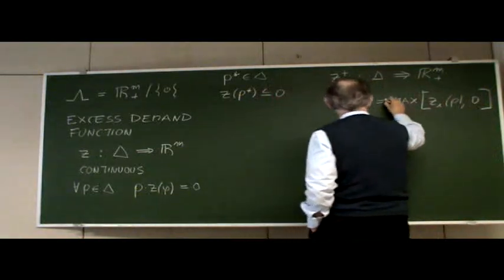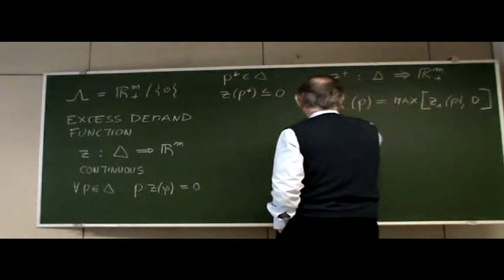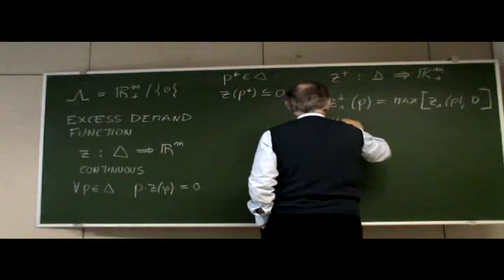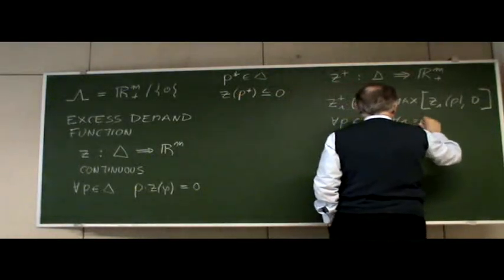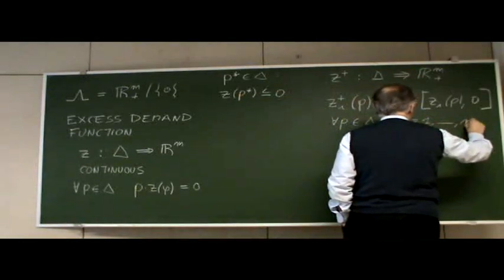This is the definition of this function. So, for every p in delta, for every i, which ranges from 1 to n.